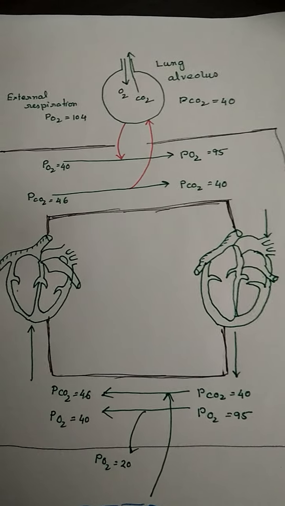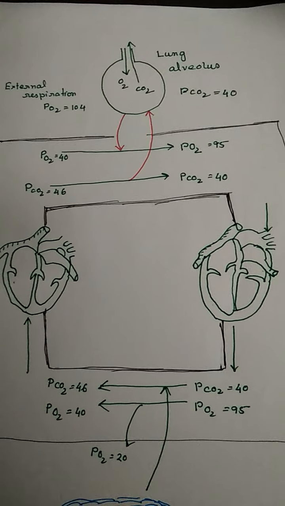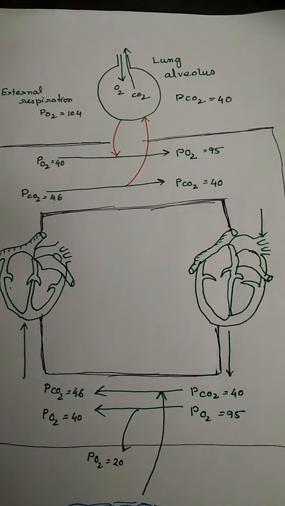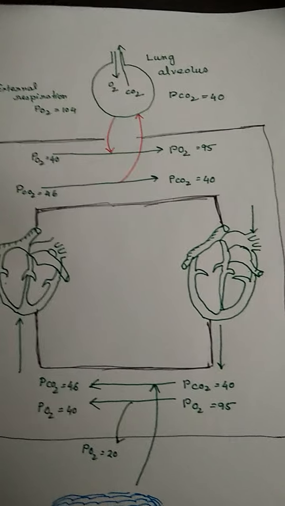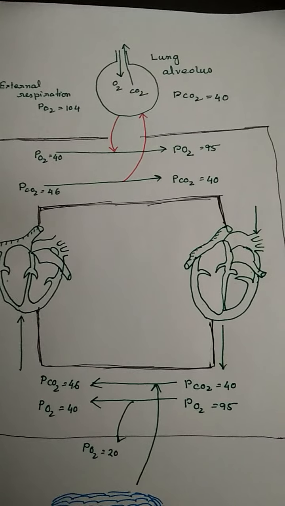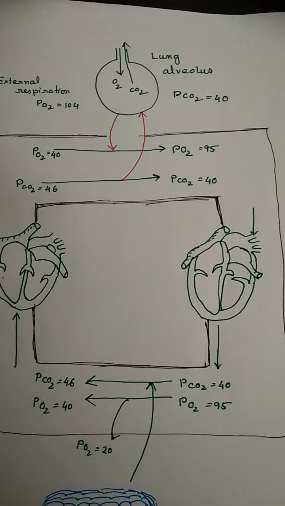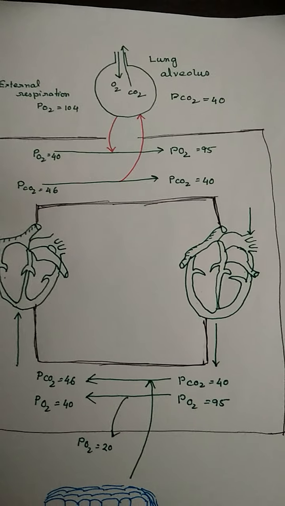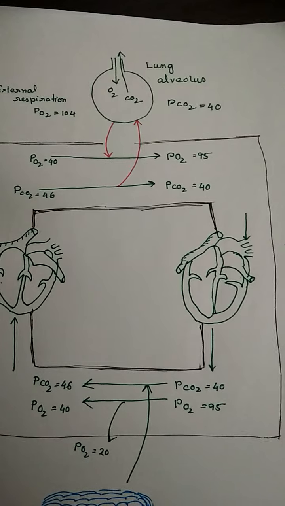In the same way, if the pH is low, that is acidic in nature, the curve turns towards the right side. Another important factor is 2,3-BPG, that is 2,3-biphosphoglycerate. The curve moves towards the right side with an increase in the level of 2,3-BPG.